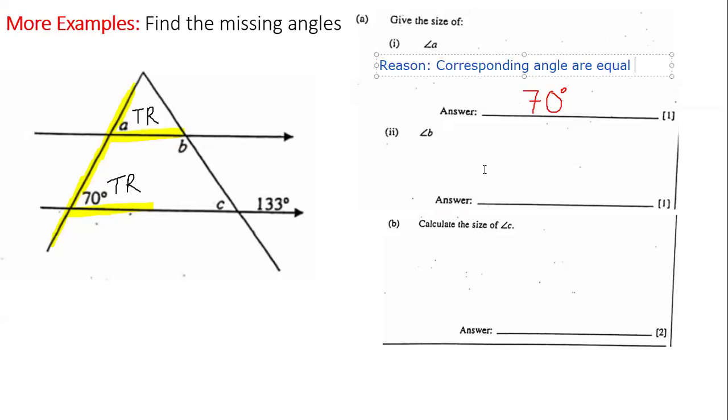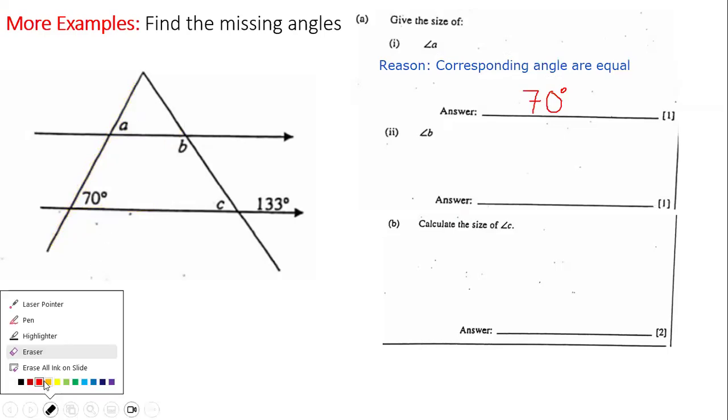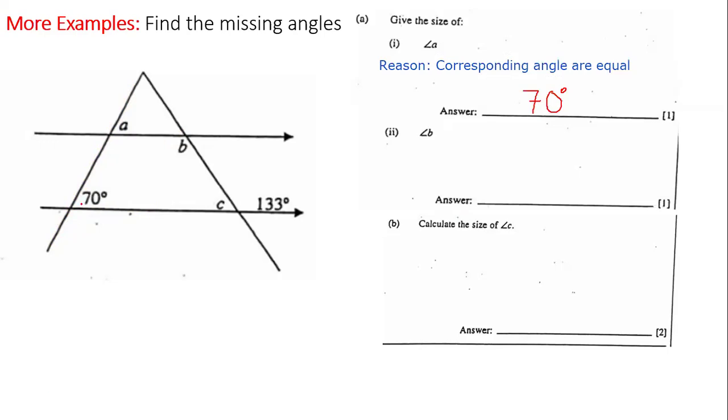Okay. Next. So we know A is 70 degrees. By the way, what shape do corresponding angles form? An F shape. So that means we have this F forming right there. Moving right along. If A is 70, we should know what B is. B is 70, is corresponding?